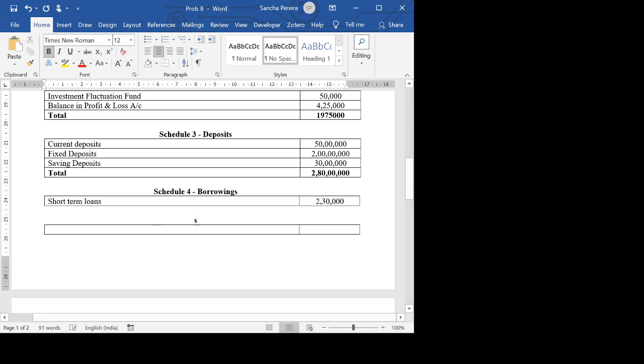And finally, we have Schedule 5, which is other liabilities and provisions. Here we have given a very mixed up, I think three things.